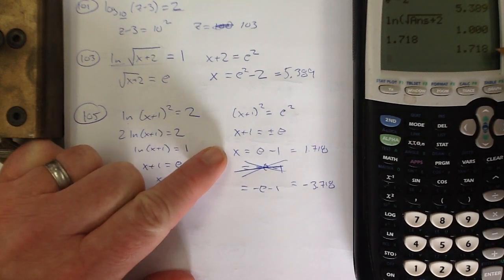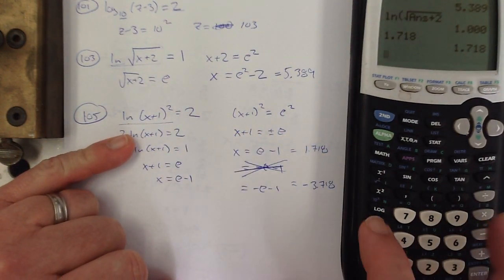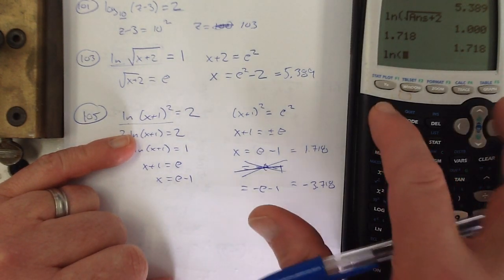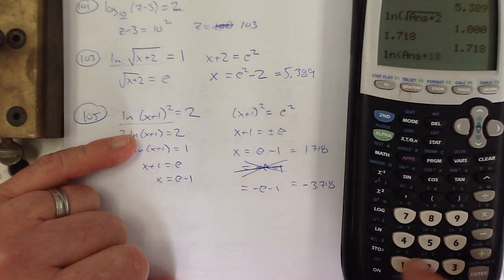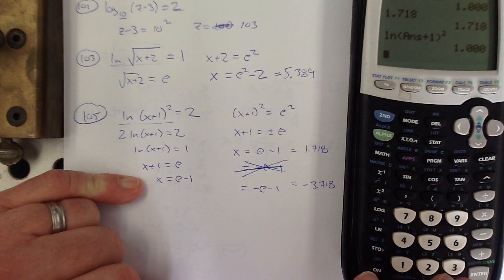I'm just typing that in, so that's my answer now, and then I'm going to check this. So natural log of answer plus 1 squared is 1. What?